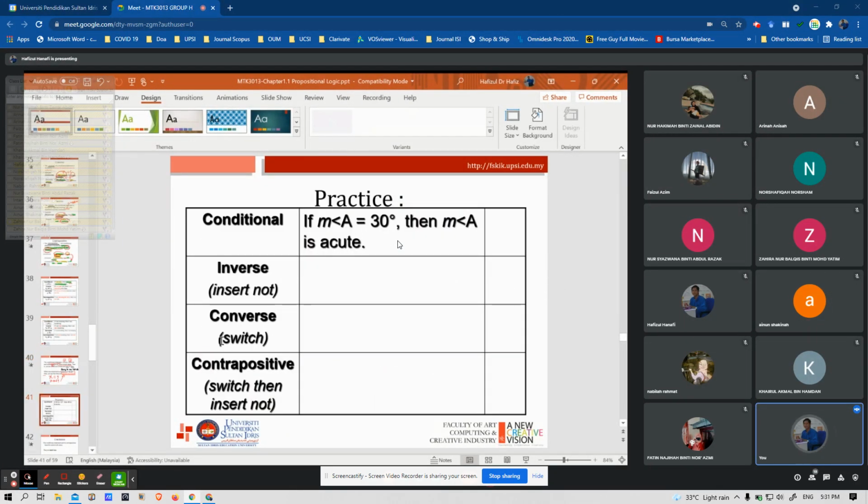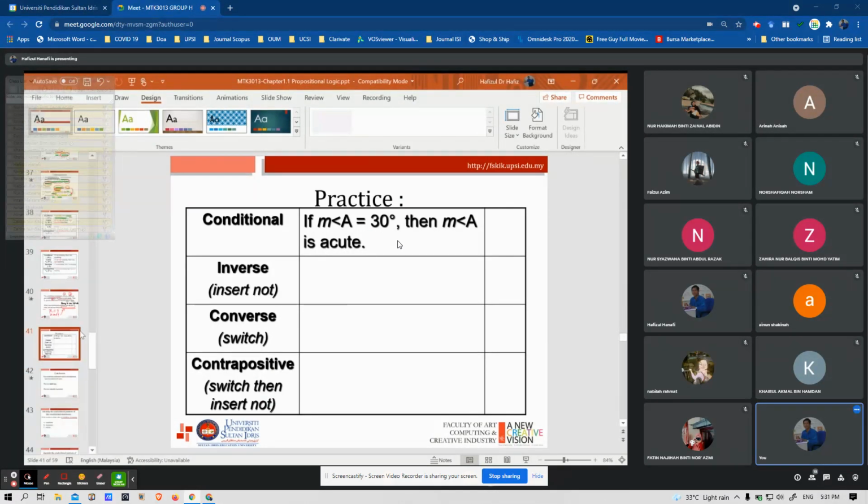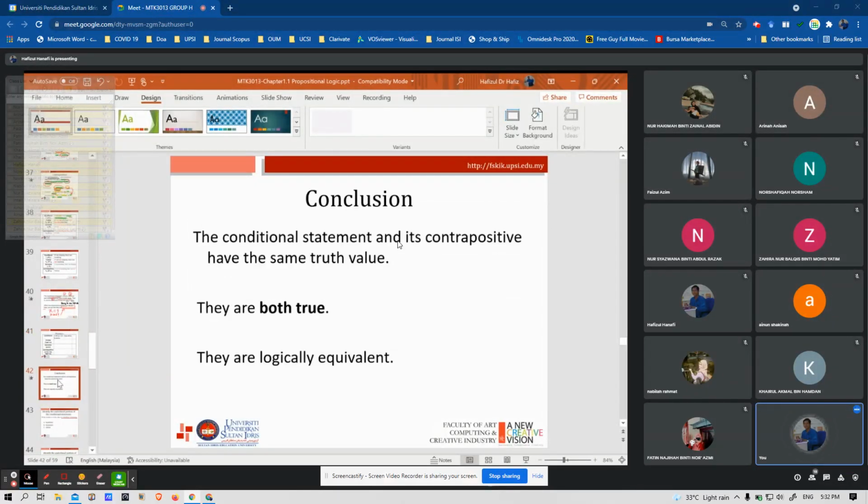Okay, for the practice, please upload this in the Padlet. You need to write down your own notes in the Padlet. Please upload by tonight. At the same time, when you hear me conveying the notes, you can also take simple notes.